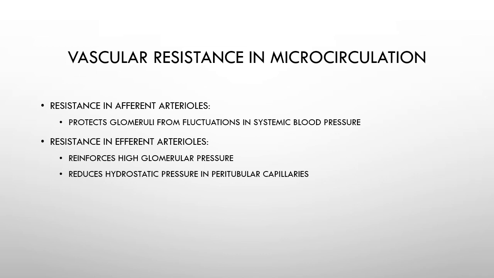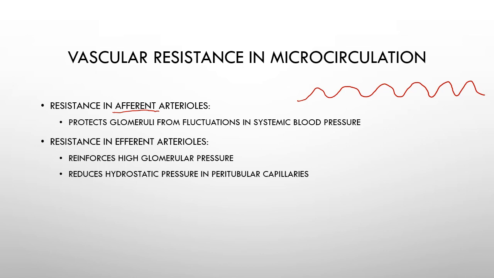That high pressure is maintained in a couple of different ways. And so we have the afferent arterioles that are coming in, and the afferent arterioles are going to help to kind of smooth out the pressure. As we look at the pressure coming through an artery, our pressure is always kind of going up and down with each contraction of the heart, especially in those larger arteries.